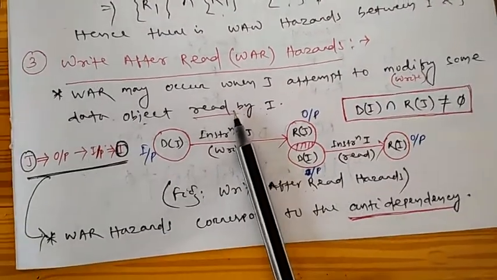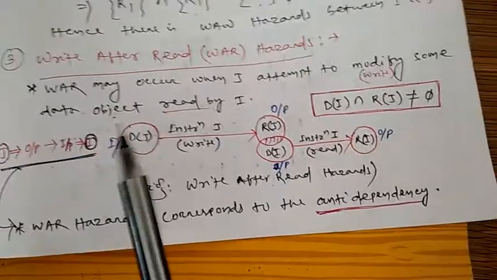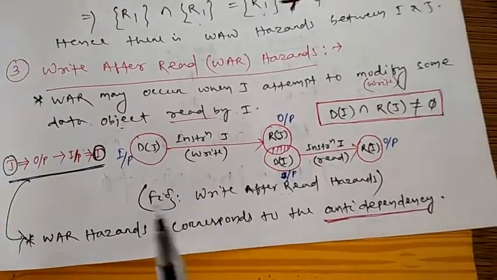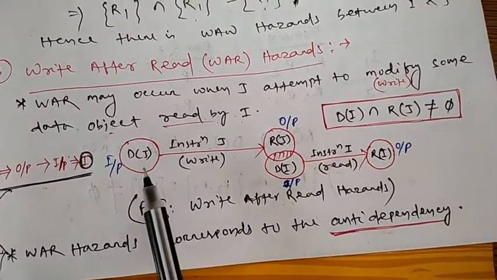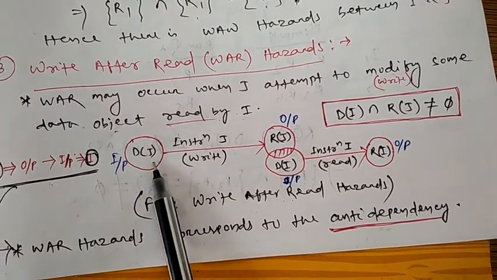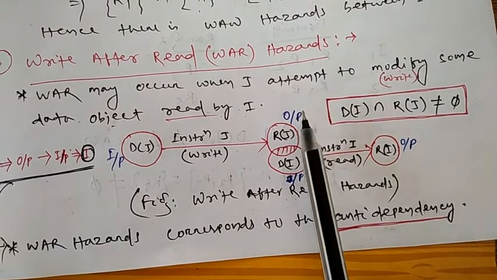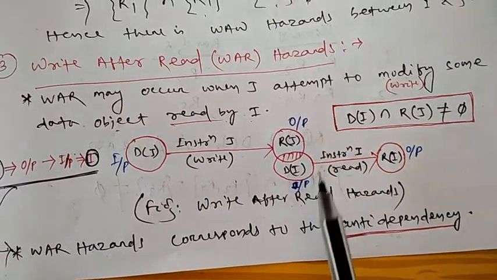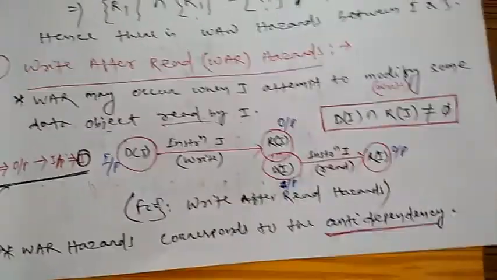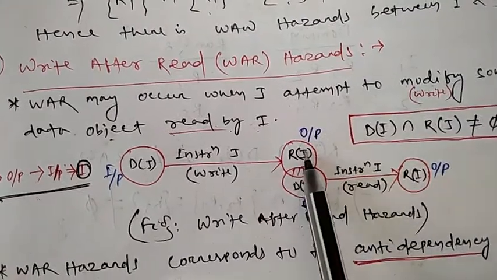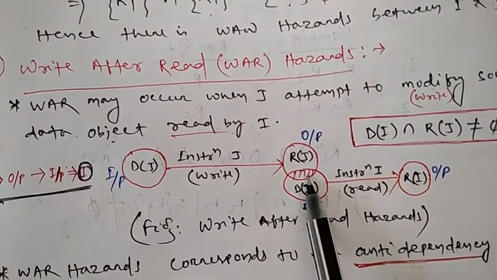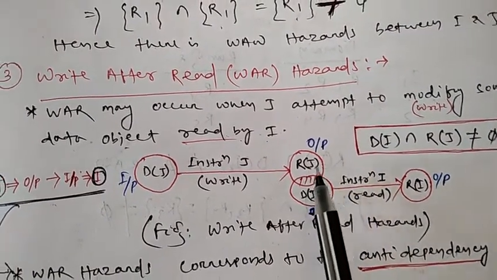So let's not be confused; let's explain through a simple example. Now j is trying to write the output, and at the same time I is also reading the input. So they are sharing common elements. So it will create write after read hazards.